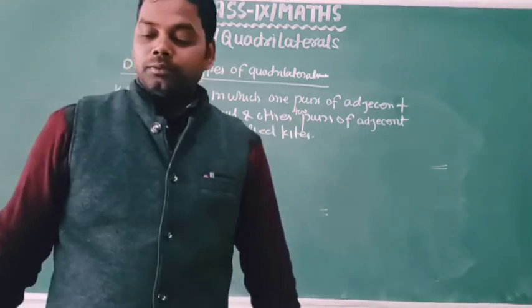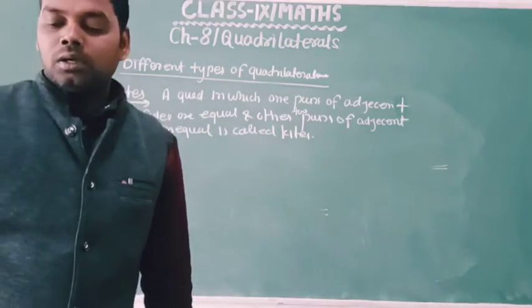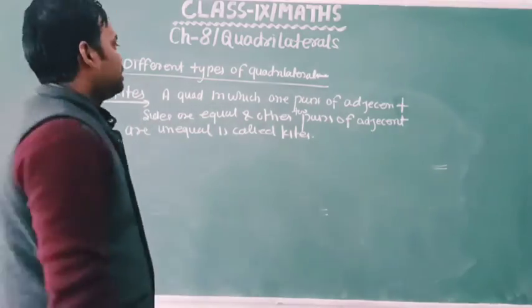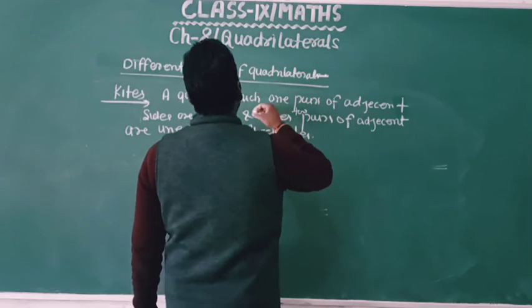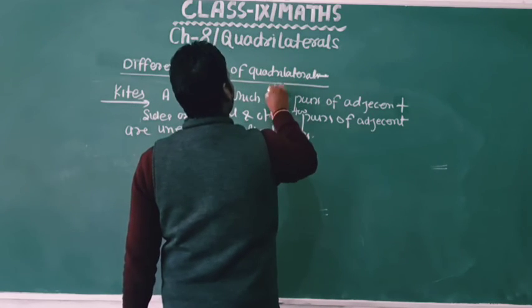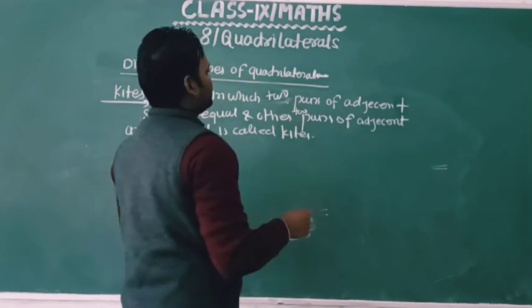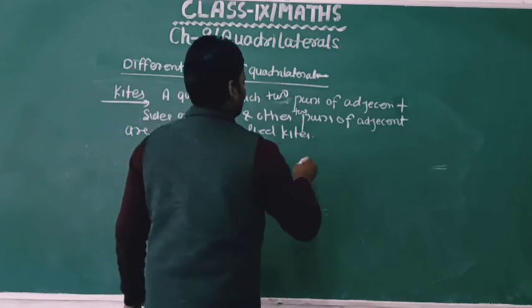A quadrilateral in which two pairs of adjacent sides are equal is called a kite.